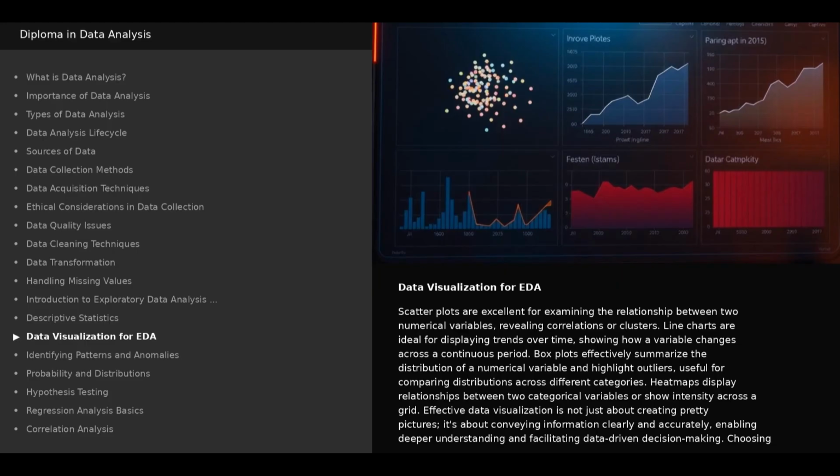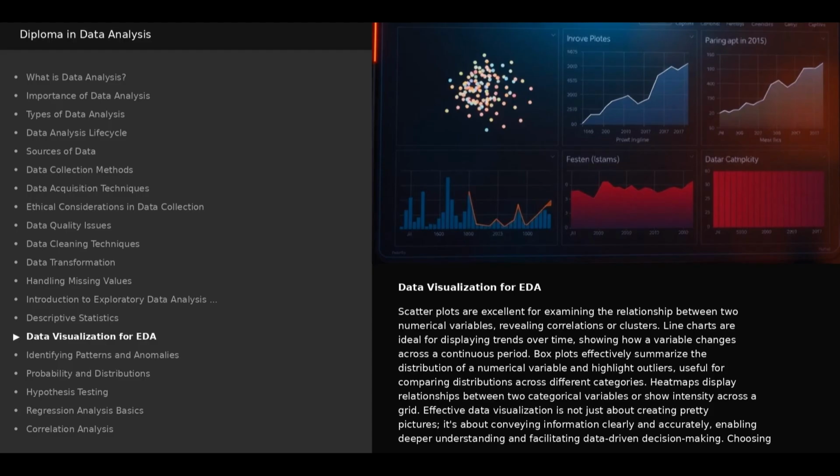Scatter plots are excellent for examining the relationship between two numerical variables, revealing correlations or clusters. Line charts are ideal for displaying trends over time, showing how a variable changes across a continuous period. Box plots effectively summarize the distribution of a numerical variable and highlight outliers, useful for comparing distributions across different categories.